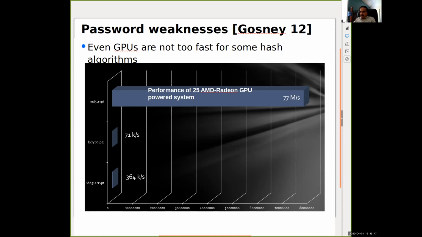And there are even slower hash algorithms, for which only thousands of operations are possible. So when these types of hashes are used, then dictionary attacks become much harder, unless the attacker can guess passwords very quickly.